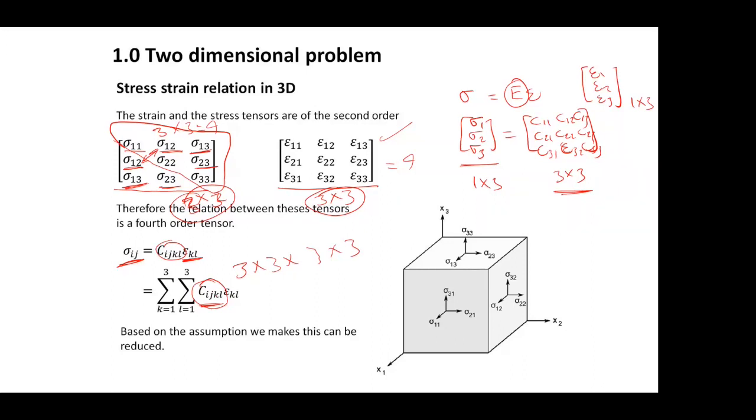You probably have done some of that in concrete. We call this the constitutive relation. It is the relation that connects the strain and the stress. So it's basically, if you have a force applied on the material, how the material would respond. So the response of this material will depend on the material properties, which is described by the CIJKL matrix.